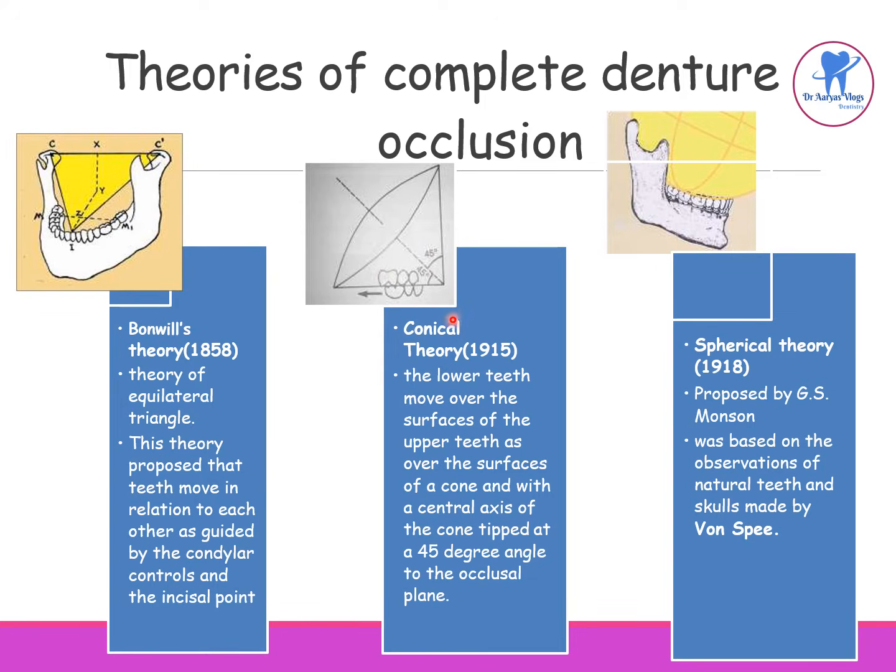Here is the 45-degree angle. Next is the spherical theory in 1918, proposed by Gysi. It was based on some observations of the natural teeth and the skulls made by von Spee. So these are the theories of complete denture occlusion.